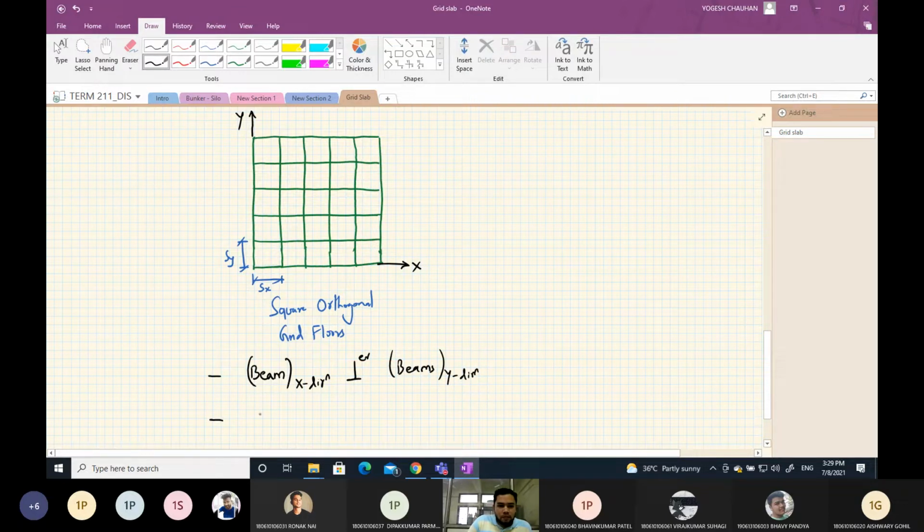Second thing, Sx is equal to Sy, means the spacing of the beams in both the directions will be the same.